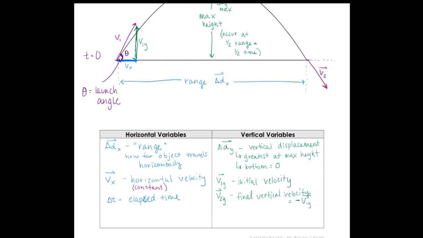So if you're finding v2, this would be your v2 of y, and then this would be your vx. Okay, and then our angle would be here, our final angle.